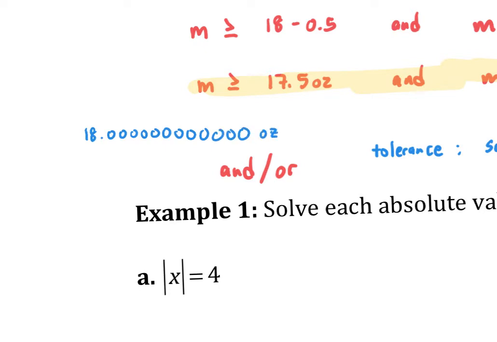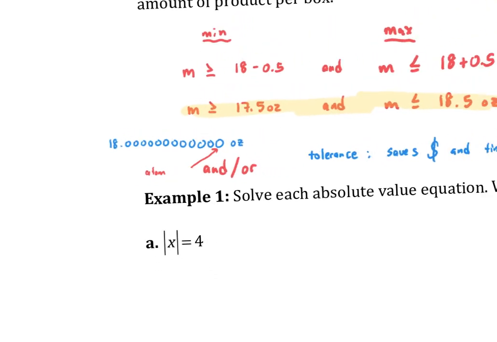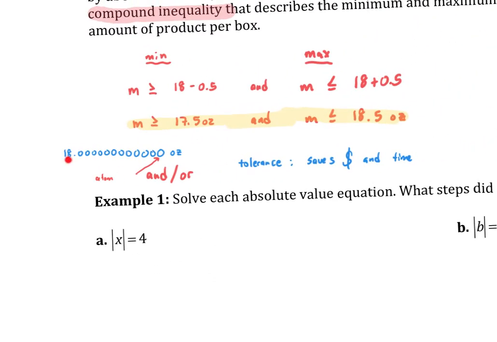Way over here. So that means we're getting into not just crumbs, but like getting into the atoms. So nobody has time or energy or money to actually get exactly 18 ounces. Just way too much time and money. So that means they allow some tolerance because it saves them money and it also saves them time.